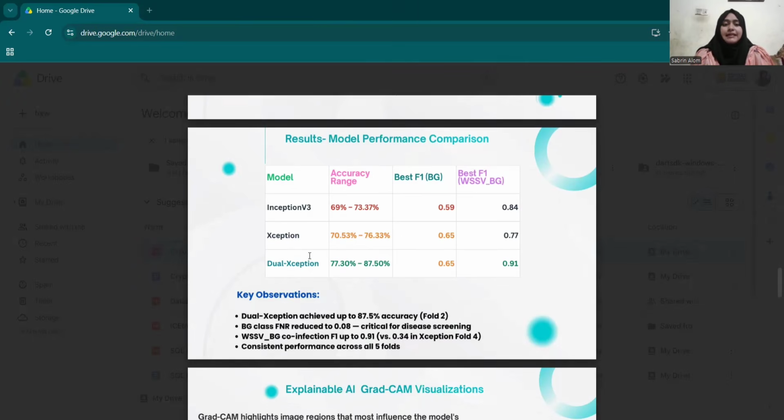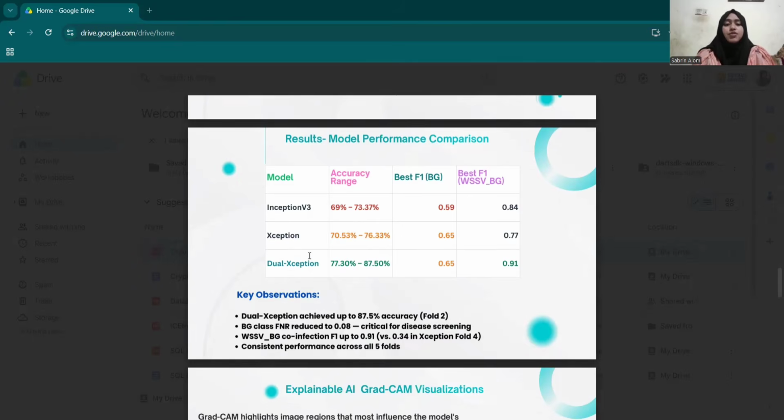And the second one is Xception, whose accuracy range is 70.53% to 76.33%, and the best F1 BZ 0.65 and the best F1 WSSB with BZ 0.77, which is a little bit better compared to Inception V3.